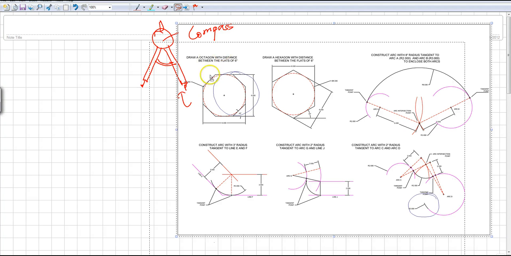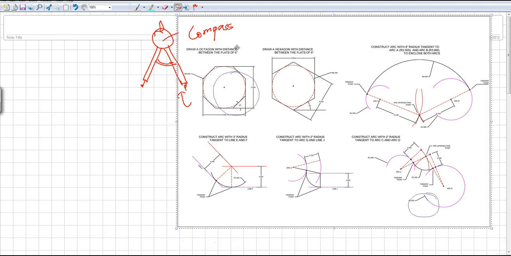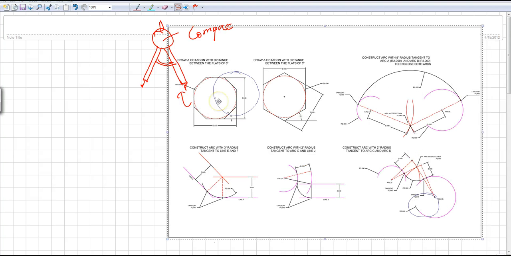Now octagon meaning it has 8 sides. So if you see 1, 2, 3, 4, 5, 6, 7, 8. So it's really easy to draw an octagon.